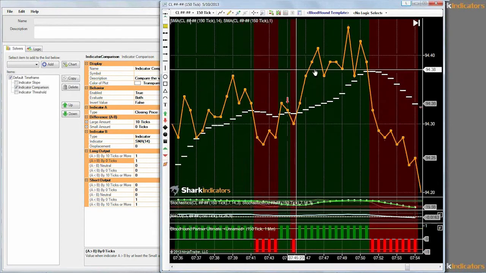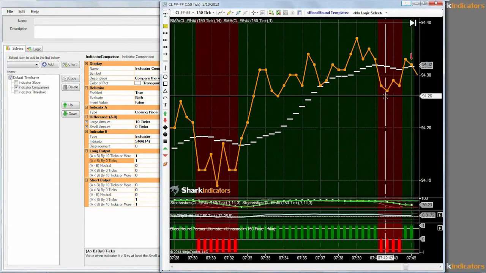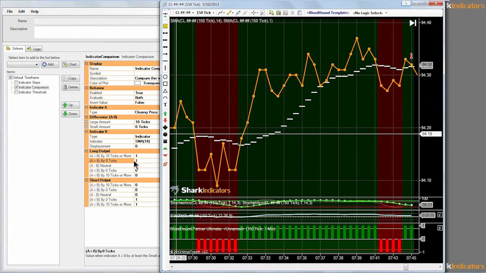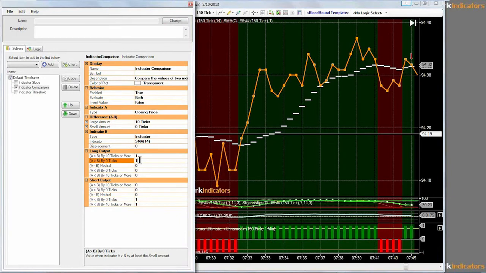On this bar, the closing price is above the SMA by less than a tick, but it's greater than 0 ticks. So this condition has been met with 100% confidence, and therefore we're getting a 1 on the output.